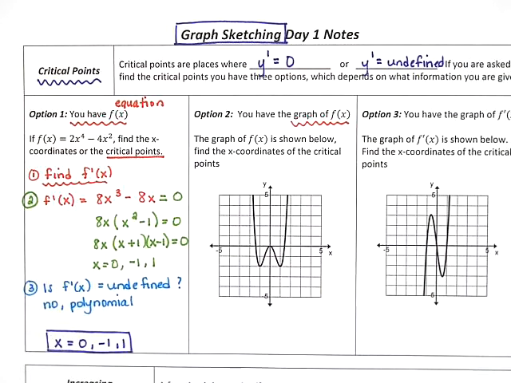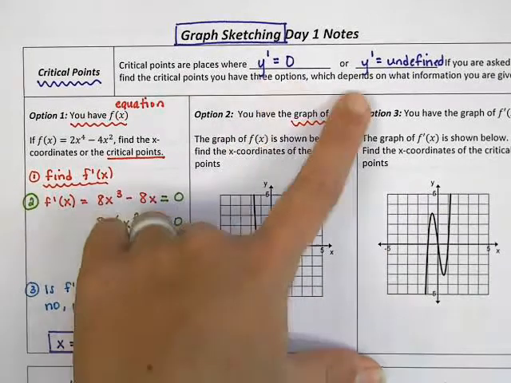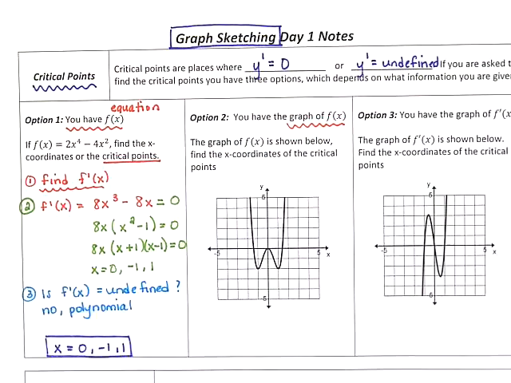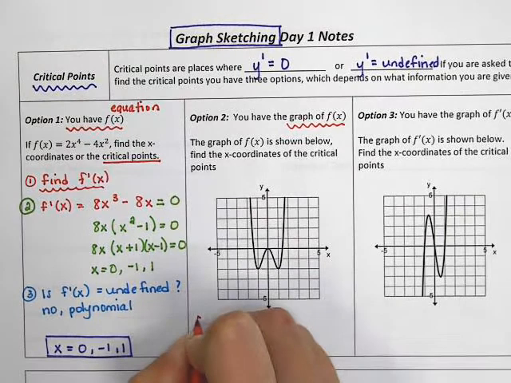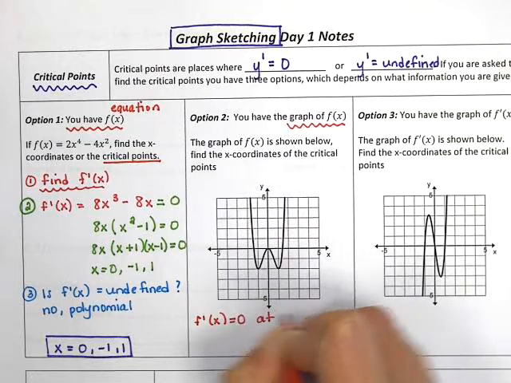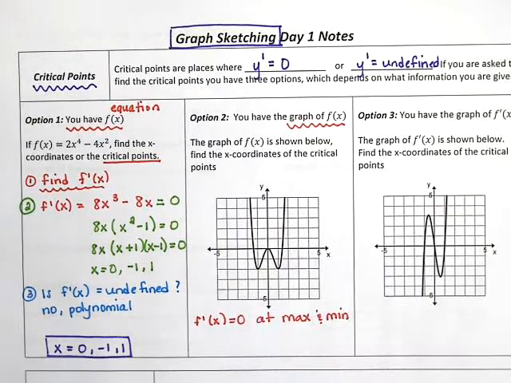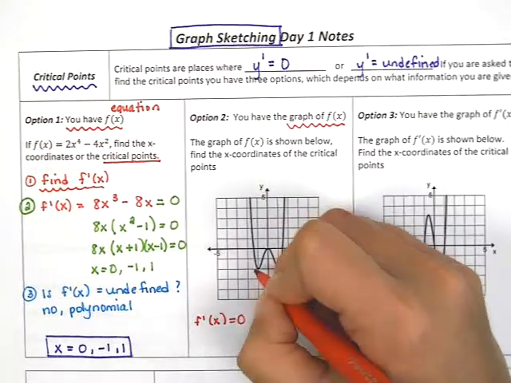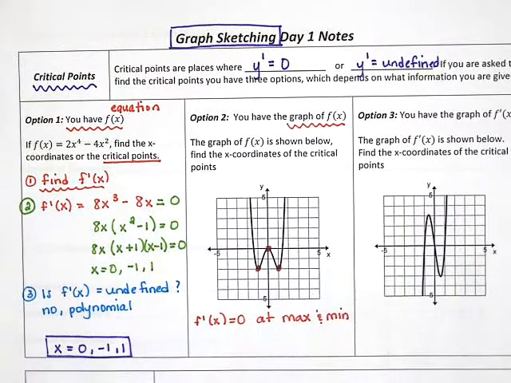If this is the graph of f of x, and we're looking for the places where y prime is equal to 0, or y prime is undefined, then let's take a second and review what it would look like on a graph if the derivative was 0 or undefined. In order for f prime to equal 0, we're looking for maximum and minimum places, because we know that the maximum and the minimum places are places where the tangent line would be horizontal, so the derivative would be 0.